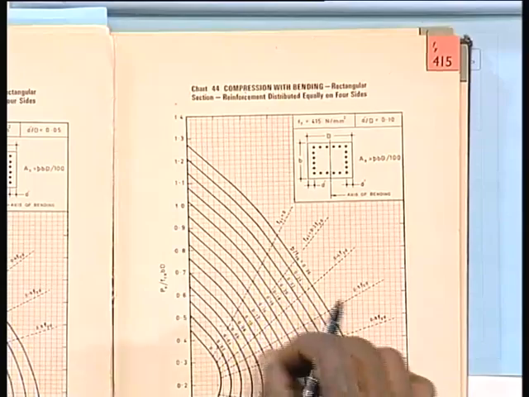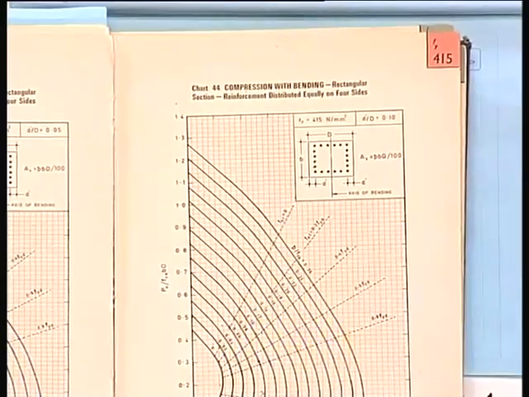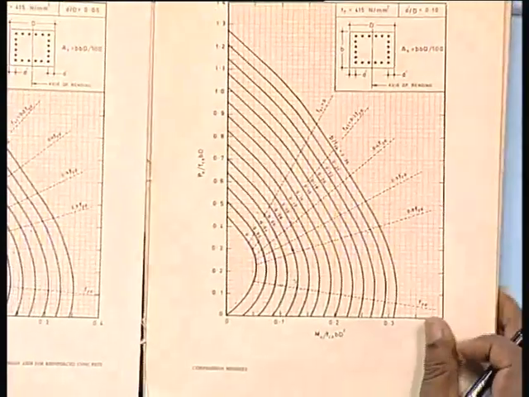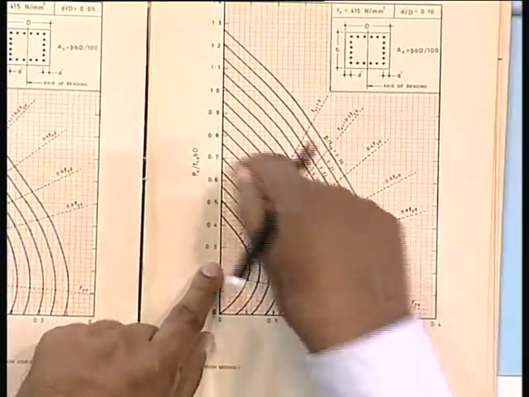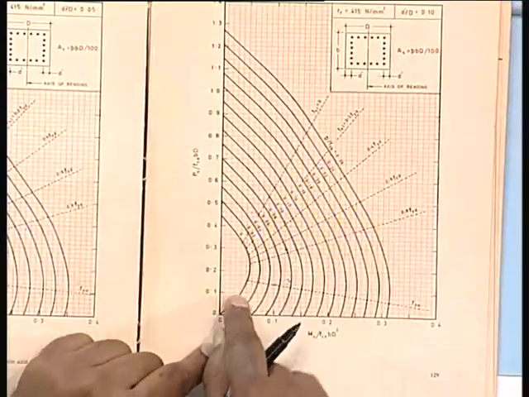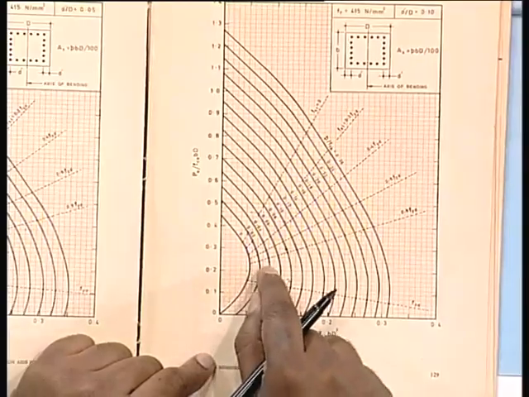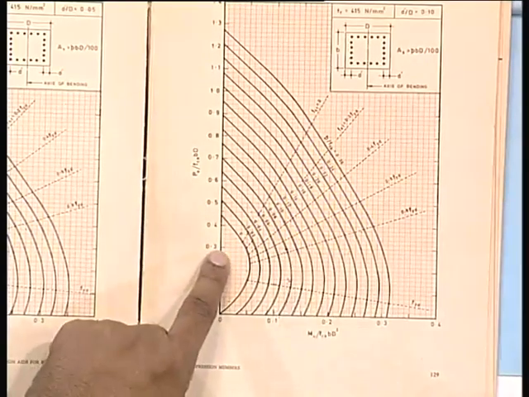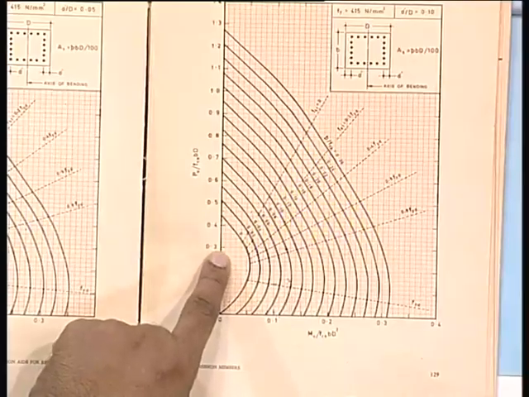That one comes as 0.12 from the chart. What I am doing here, please note, there are so many curves starting from 0, 0.02, 0.04, 0.06 p by fck. What I am doing, Pu by fck bD is 0.3.